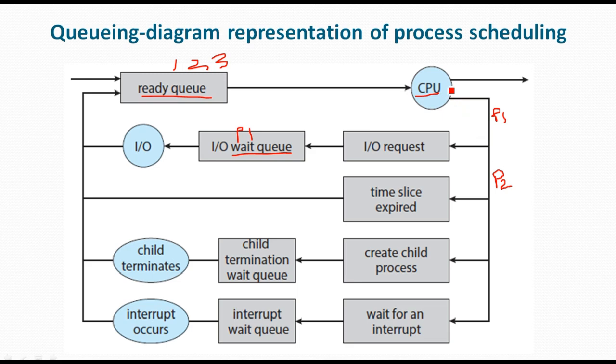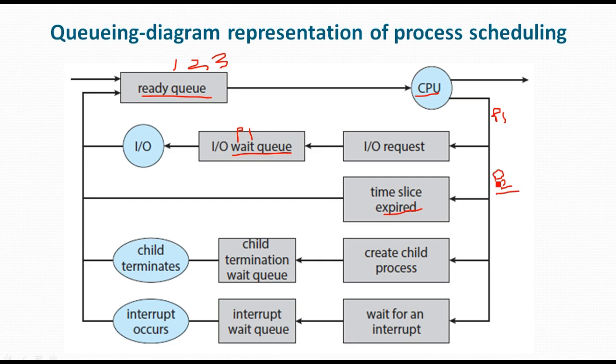Assume the CPU allocated 5 milliseconds, but P2 did not complete its execution. It requires 10 milliseconds. So it will be put into the slice expired queue and go back to the ready queue. One more time the CPU will assign time to P2 and it will complete its execution.